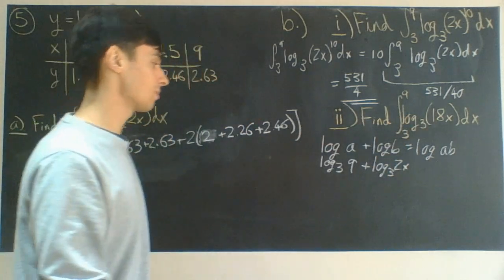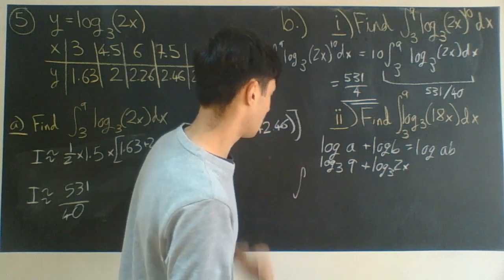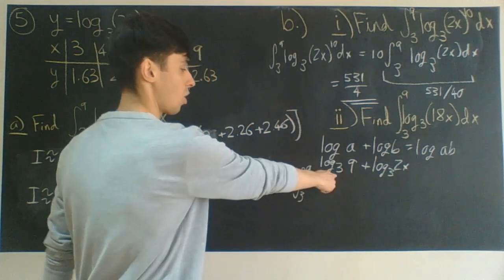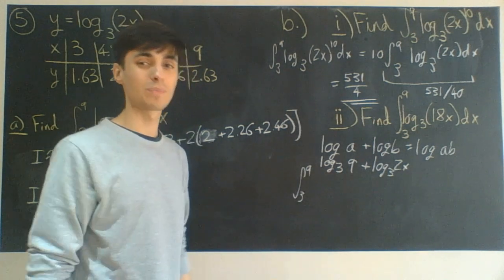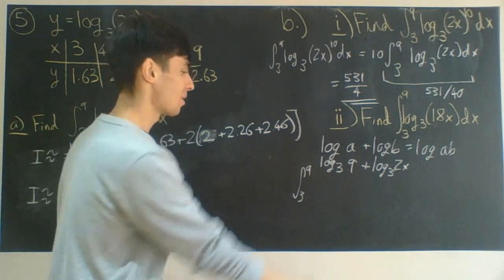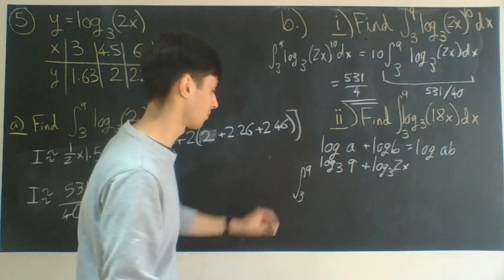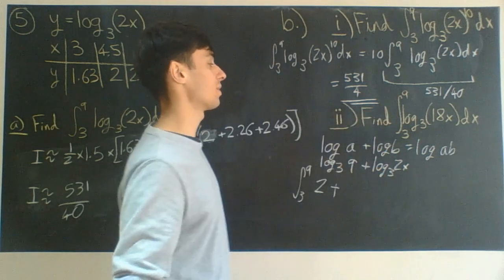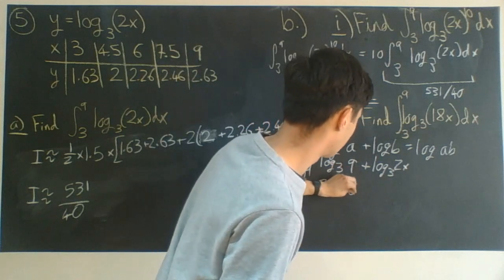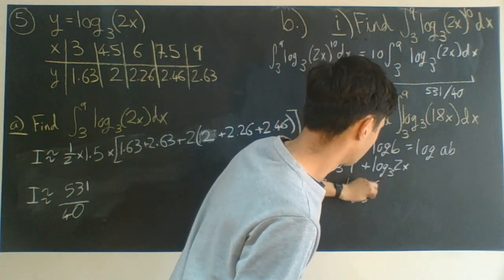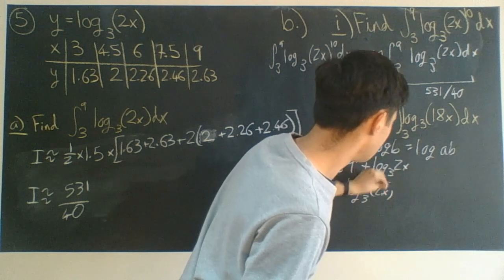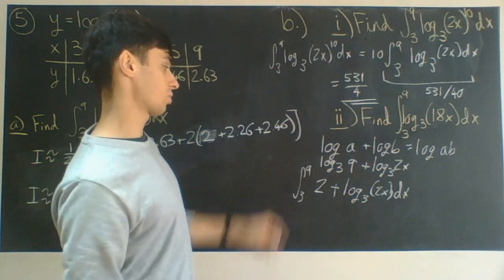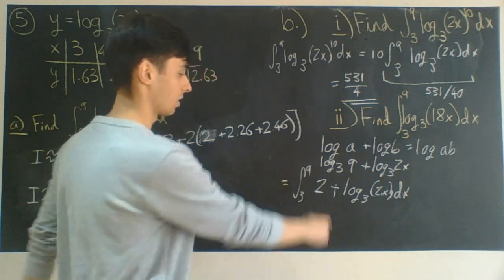So actually what we've got then is an integral from 3 to 9 of log 3 of 9, which is actually just 2, isn't it? Because 3 to the power of 2 is 9. So 2 plus our log 3 of 2x dx. So this is our integral we want to find in this part.